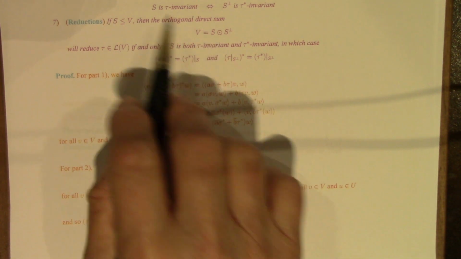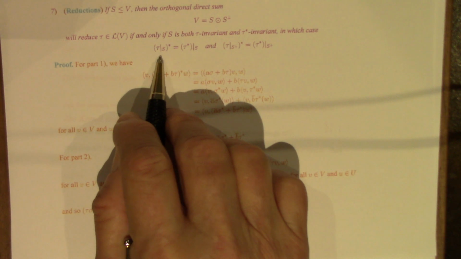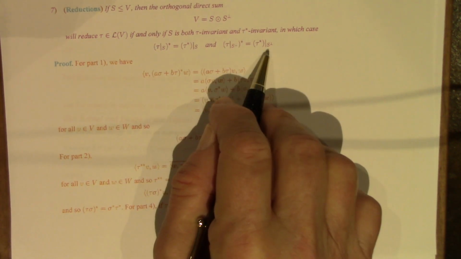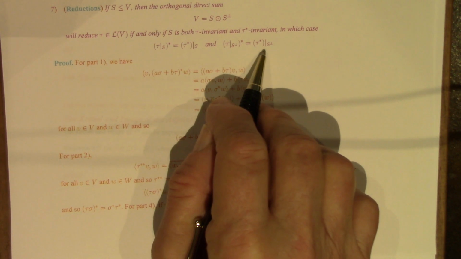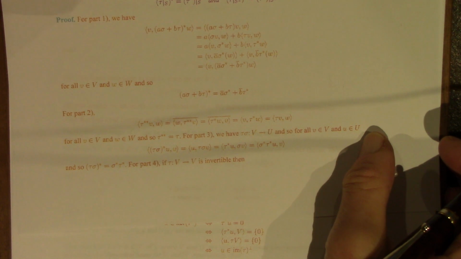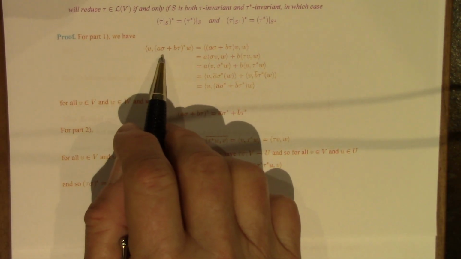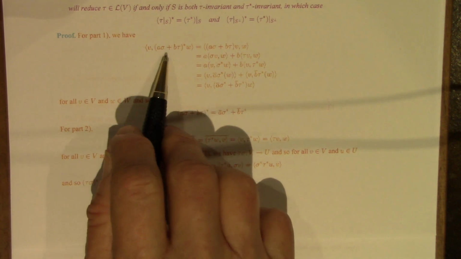This is a direct consequence of number 6. And then the restrictions behave nicely with respect to the adjoint. Most of this is just straightforward calculation using conjugate symmetry.